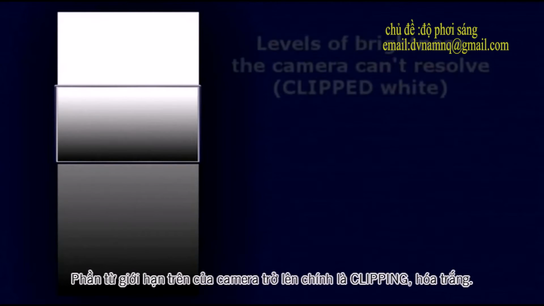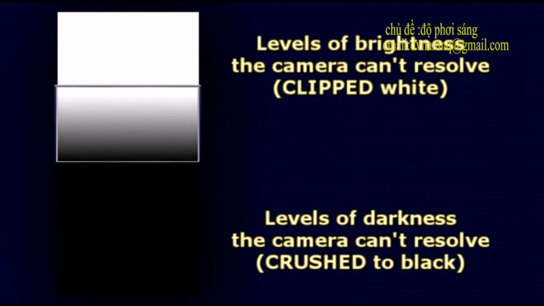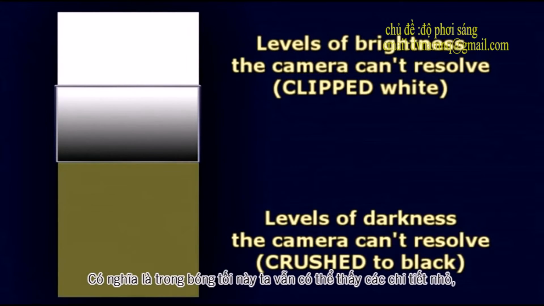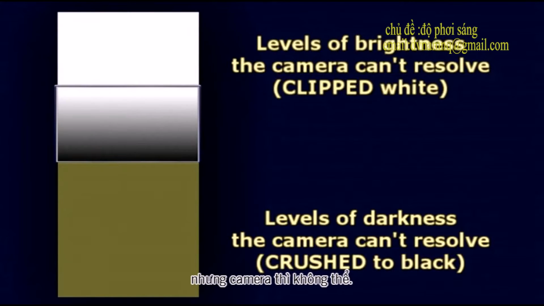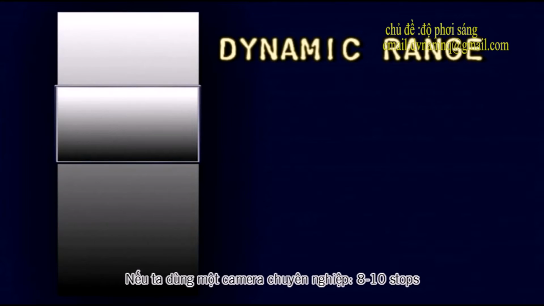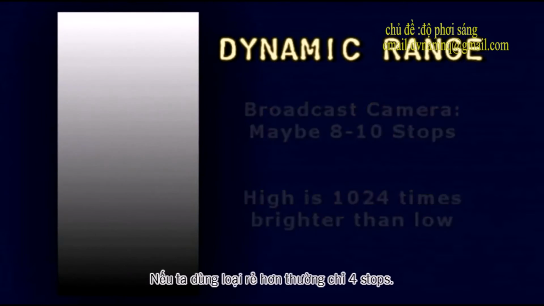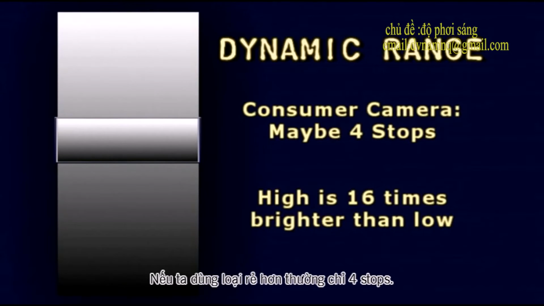Anything from the top of your camera's range on up is just rendered as pure white. It's clipped off the top. And anything from the bottom of your camera's dynamic range on down is rendered as pure black. Now, there could be all sorts of shadow detail in here, but the camera simply doesn't have the ability to resolve it. So how big is this window? If I'm using a professional broadcast camera, maybe I might have around 8 or 9 or 10. If I'm using a cheapo video camera, I might have a really small window.